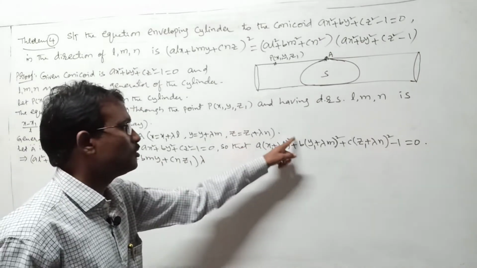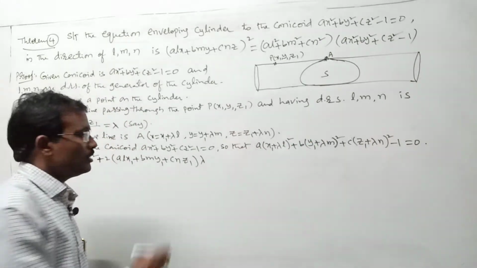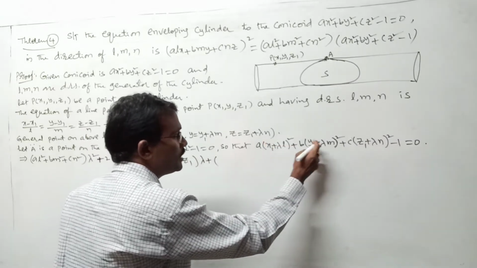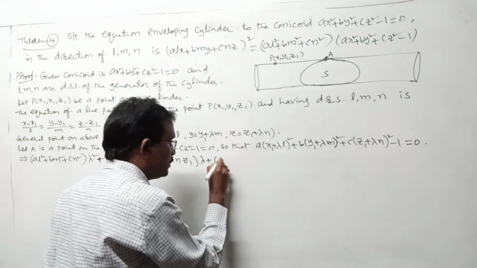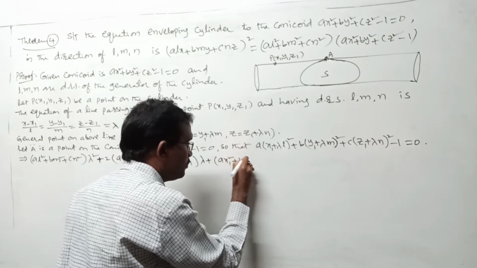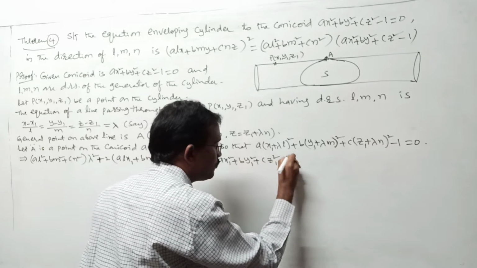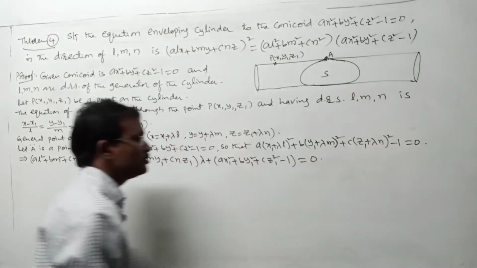Under (a plus b) whole square, the 2ab term is this. Plus the b square term, I mean the a square term here, is what? ax1 square plus by1 square plus cz1 square minus 1. This is free from lambda. It is equal to 0.